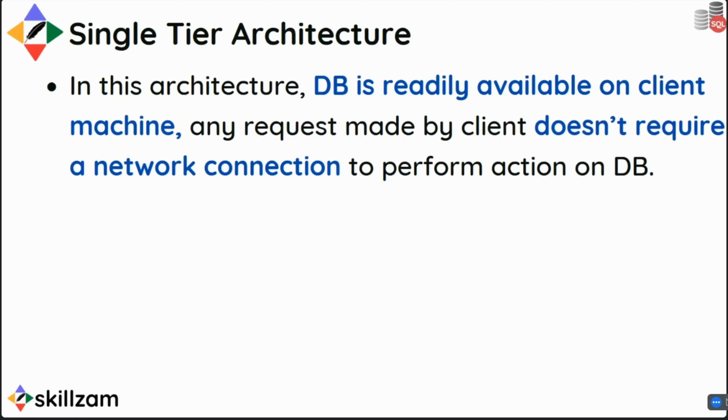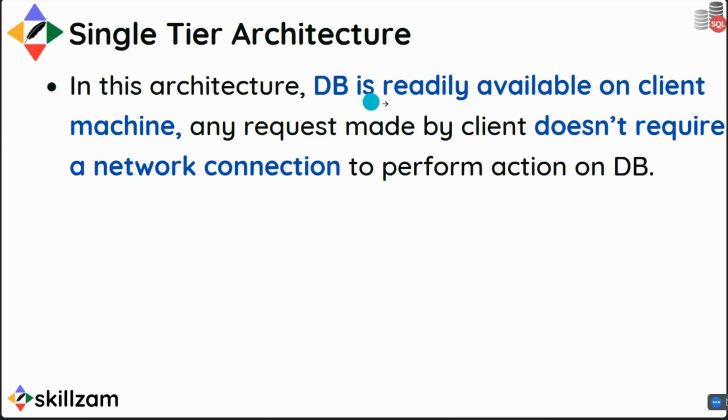One very good example for the single tier architecture is when you have installed a database management system like MySQL on your local machine, and you are accessing the same database management system with the same machine. All right. So the same laptop or desktop that you're working on is acting as a client as well as the server.